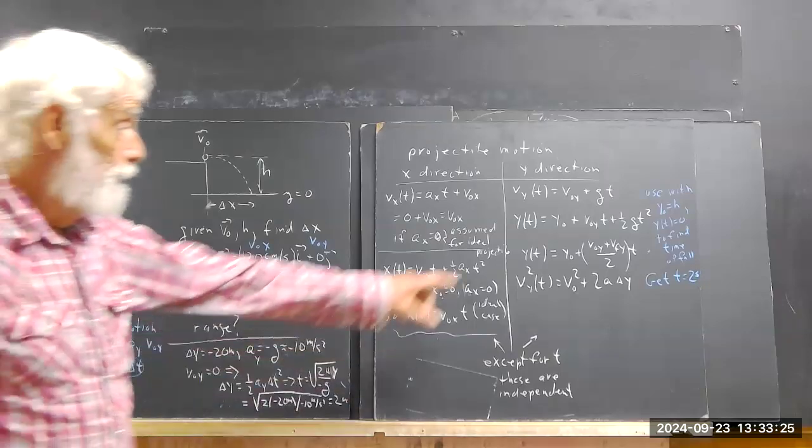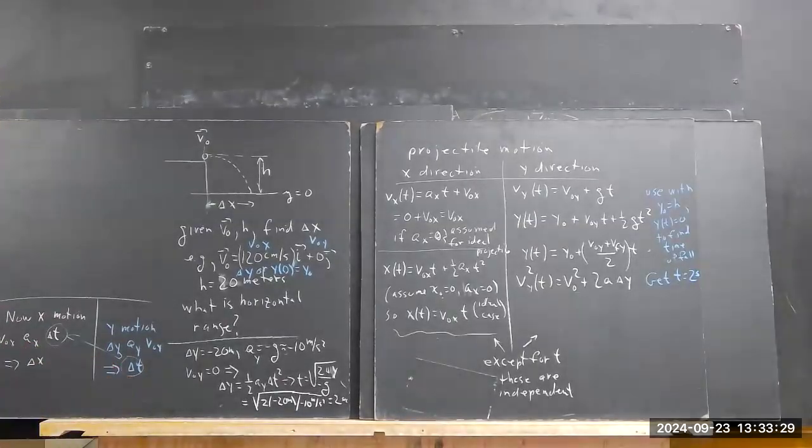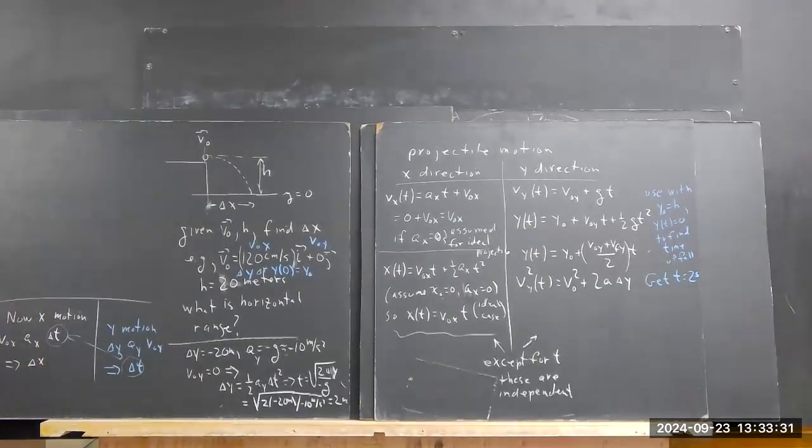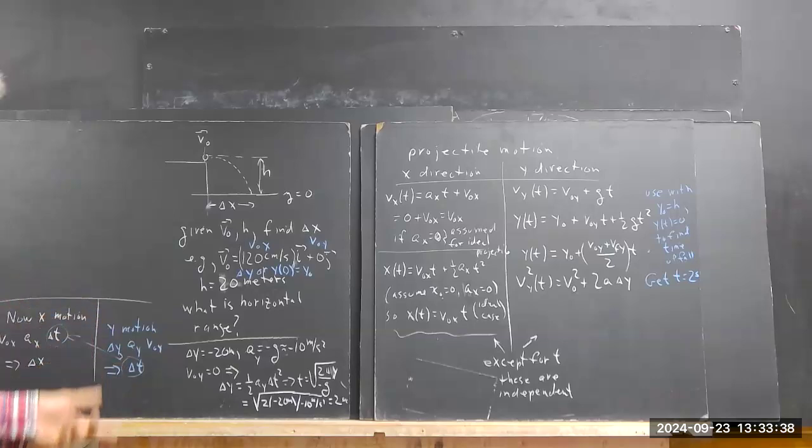So I use essentially this equation. You get delta t equals 2 seconds. Now you do the x motion. What do you know? You already knew the initial velocity in the x direction. You knew the acceleration in the x direction. I didn't write it, but it's 0. You get delta x, 2.4 meters.